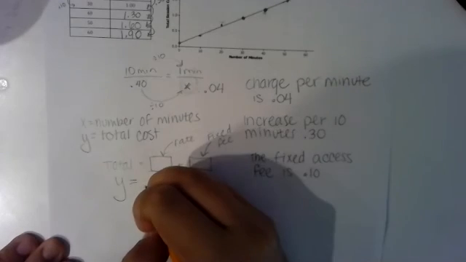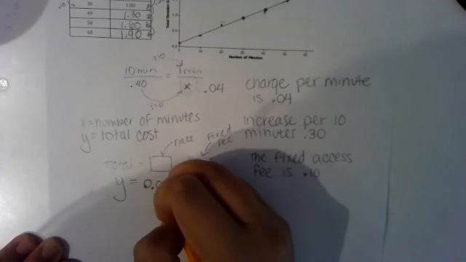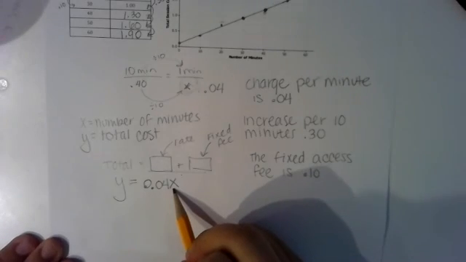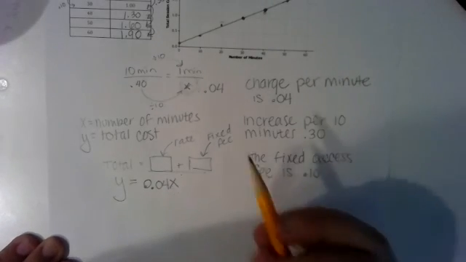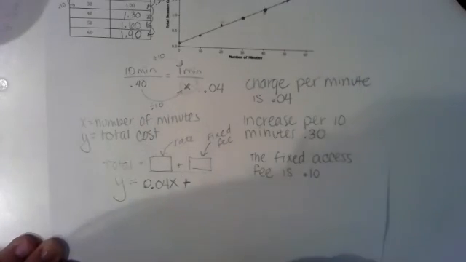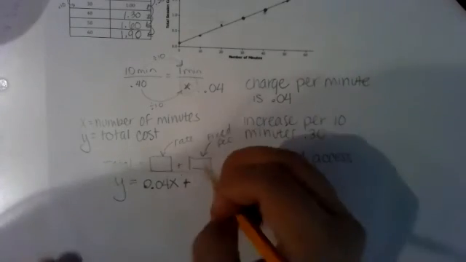Okay, so 0.04x, because x is my number of minutes, plus my fixed fee. What is the fixed fee going to be? 10 cents. 10 cents.